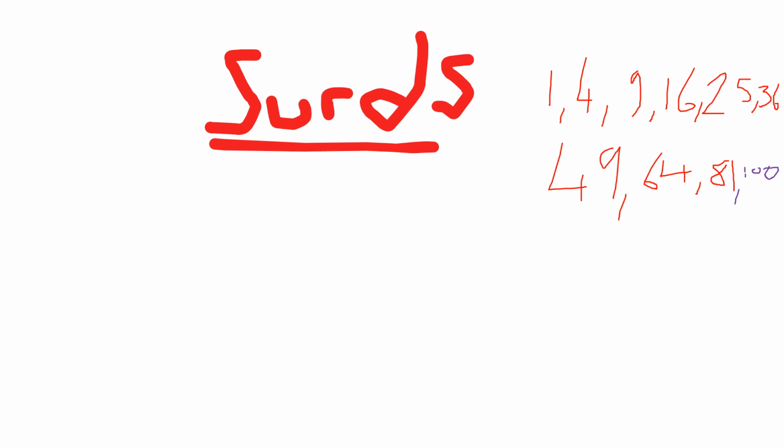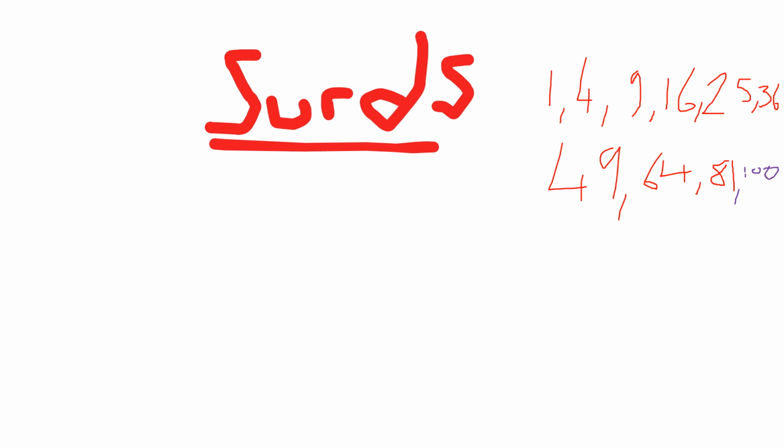The next few numbers would be 121, 144, 169, 196, and 225. I would learn and recap and get somebody in your family, relatives, or friends to test you regularly on your square numbers and square roots as well, because this is about to come into play in a second on how we simplify surds.